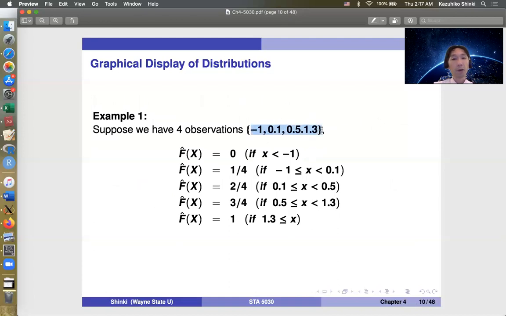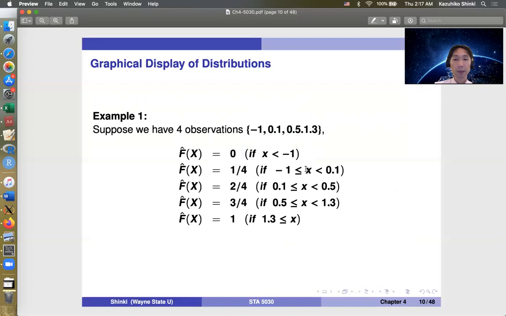So this is one example. Suppose we have 4 observations, just a very small example, and we sort them in increasing order. Then F hat of x is equal to 0 if x is less than -1. For example, if x is -2, no observation is less than -2, so 0 out of 4, which is 0.